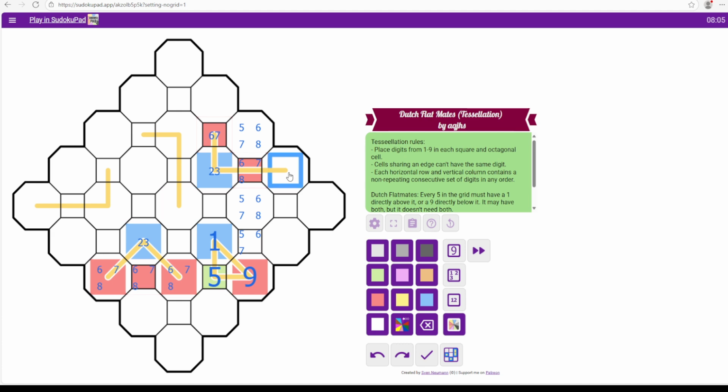So the max this can be is 8. So the lowest that can be is a 4. Okay, that doesn't count. If this was a 5, then it actually would break. Same here, actually.